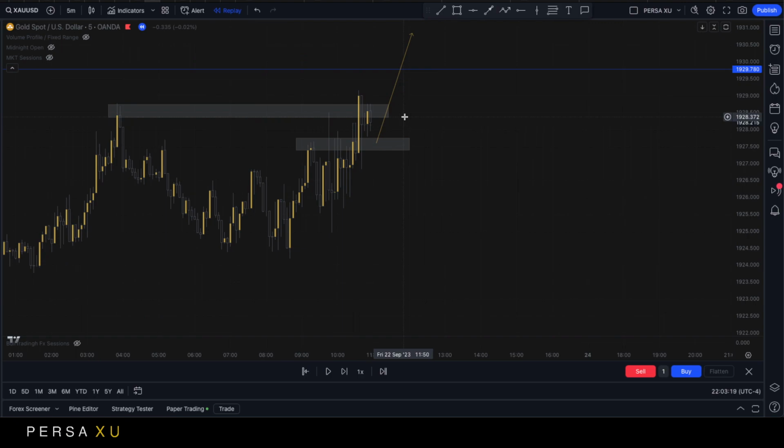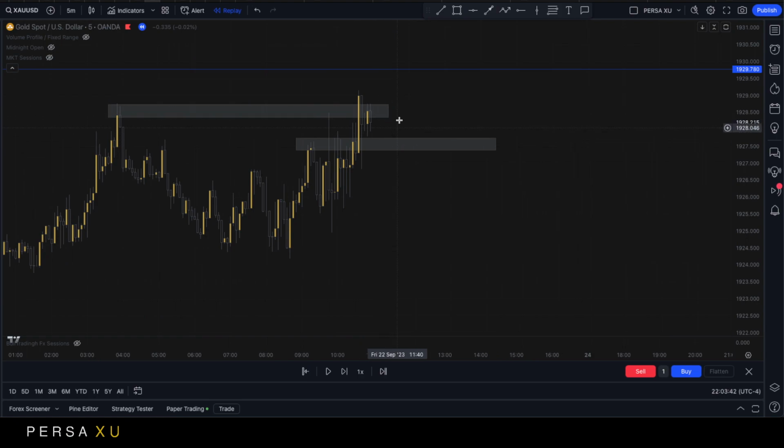Because what I need for that to be accurate is for price to respect this support in the future. And how does the market respect that in the future? Well, the candles have to close above this price range.